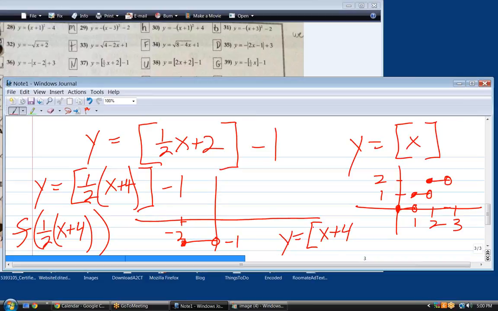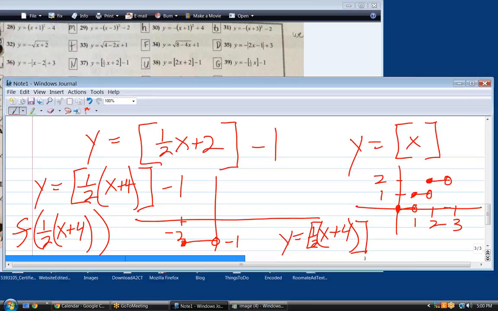But when I put the 1/2 in front of it, I have to put the 1/2 in front of all of it. And that actually becomes what they have given us, 1/2 x plus 2. So plus 4 should be a horizontal move to the left of 4. Aha, and that's going to solve our problem.